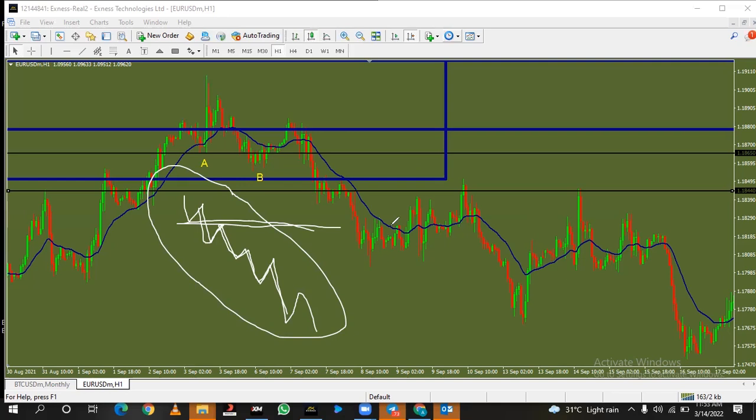Sorry, I want to confirm my thinking. If you look at the market structure below line B, the black line below it, under it, that one, I observe that whenever price gets to it, it drops.